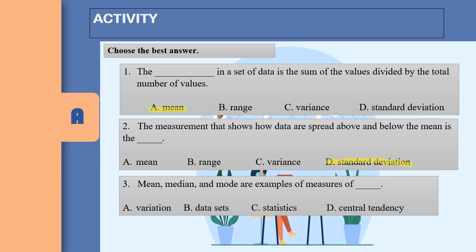Number three, mean, median, and mode are examples of measures of central tendency.